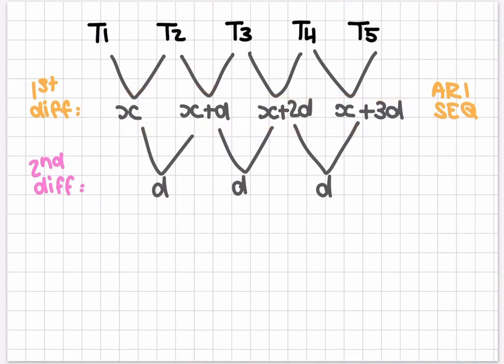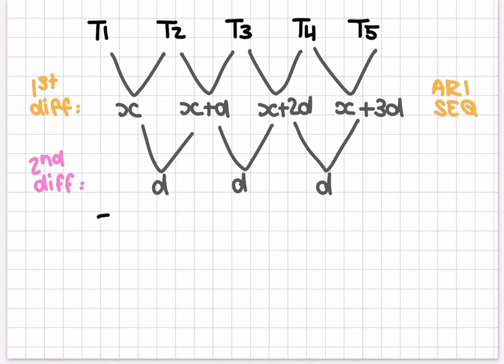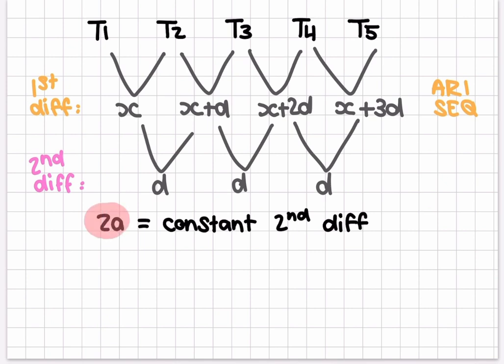Okay, so the next thing is I'm going to give you all the formulas you need to memorize for this section. Okay, so we have 2a is equal to the constant second difference. In this case, this is equal to this. Then the next one is 3a plus b is equal to the first difference.